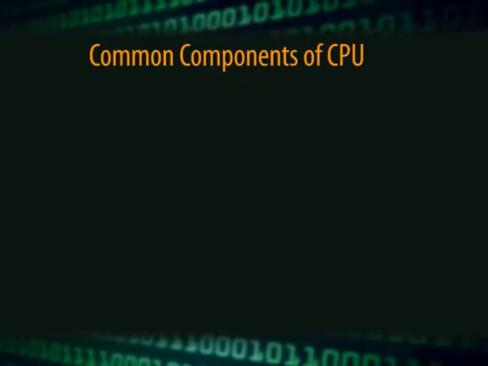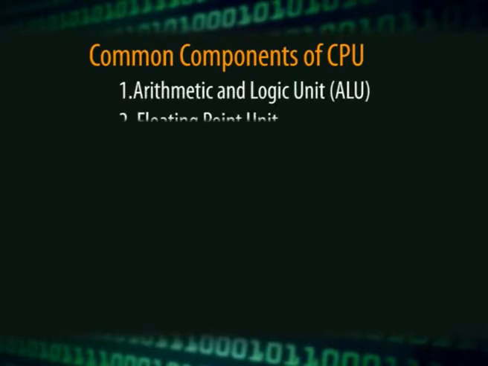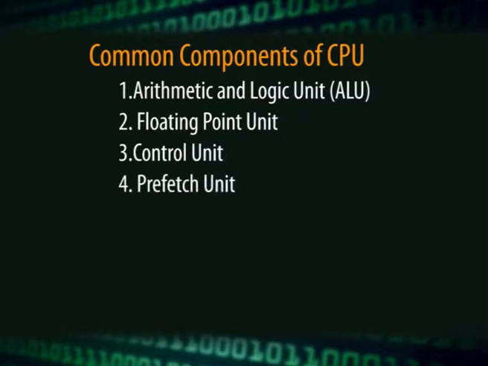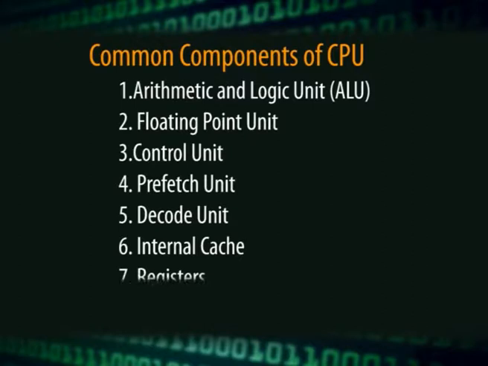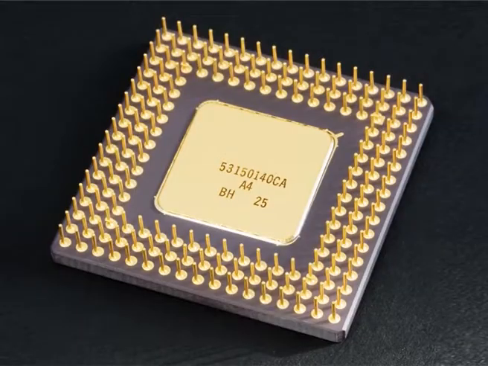There are 8 common components in every CPU, which are: number 1, arithmetic and logical unit; floating point unit; control unit; prefetch unit; decode unit; internal cache; registers; and bus interface unit. These components and their logical interconnections help us to better understand the working of CPU.